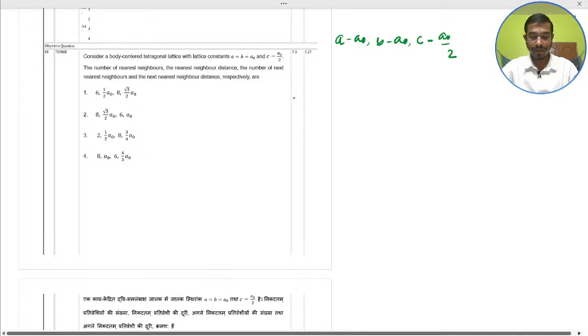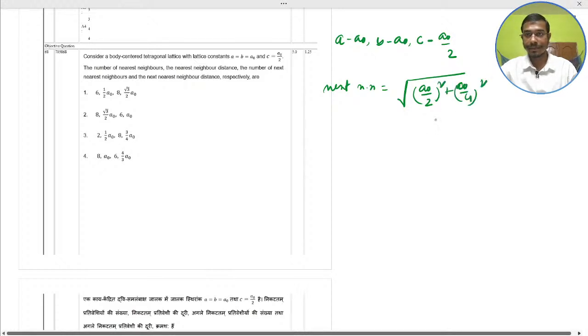So the number of nearest neighbors is 2, and the next nearest neighbor distance is equal to the root of (a0 by 2) squared plus (a0 by 4) whole squared. This would be what? Root 5 a0 by 4.